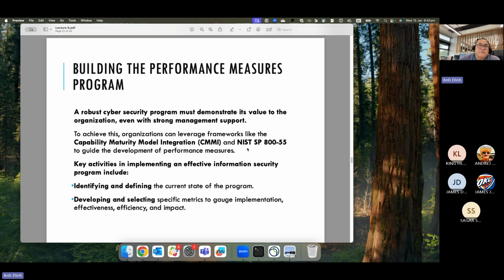And lucky for us, there are some documents out there that are filled with those guidelines and principles. One particularly relevant is the document from NIST, special publication 800-55. It's a good read. It's long, but it gives you some important information and principles on how to structure the measurement program.